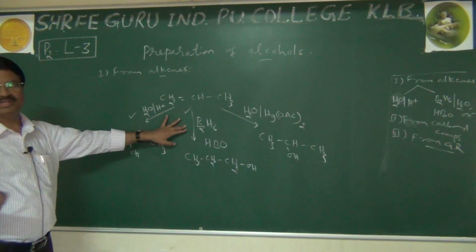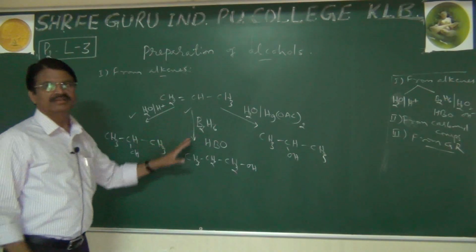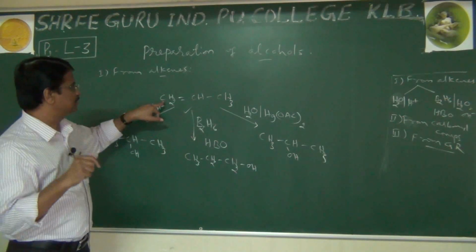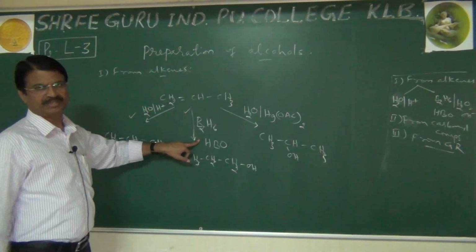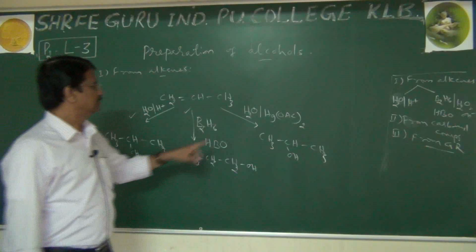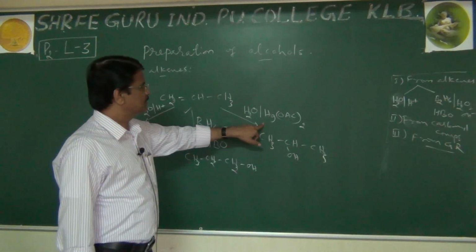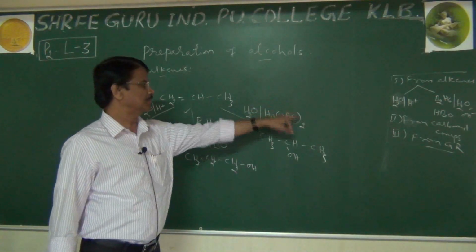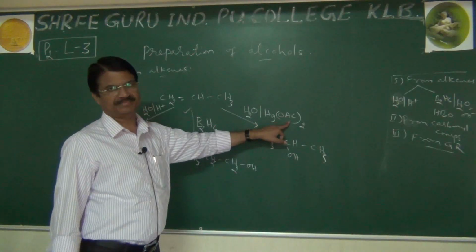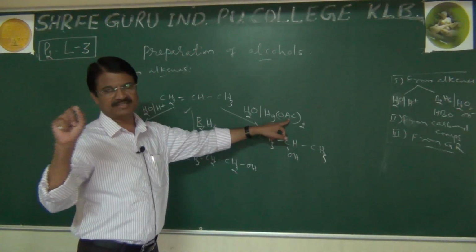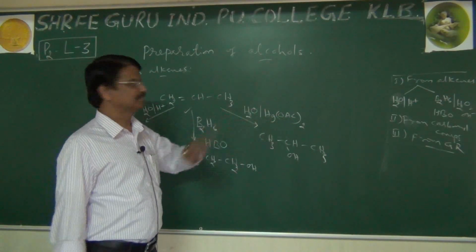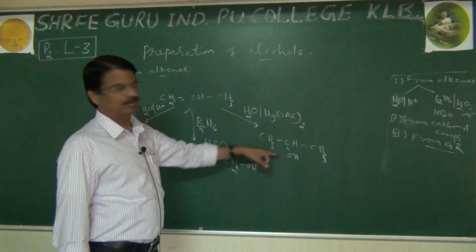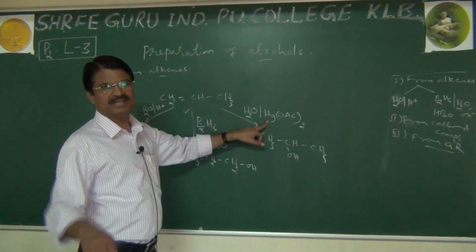Hence, in hydroboration, OH always ends up on the carbon which contains more number of H. Then in case of oxymercuration, there is mercuric acetate, Hg(OAc)2, where Ac equals CH3COO. That is called acetate.